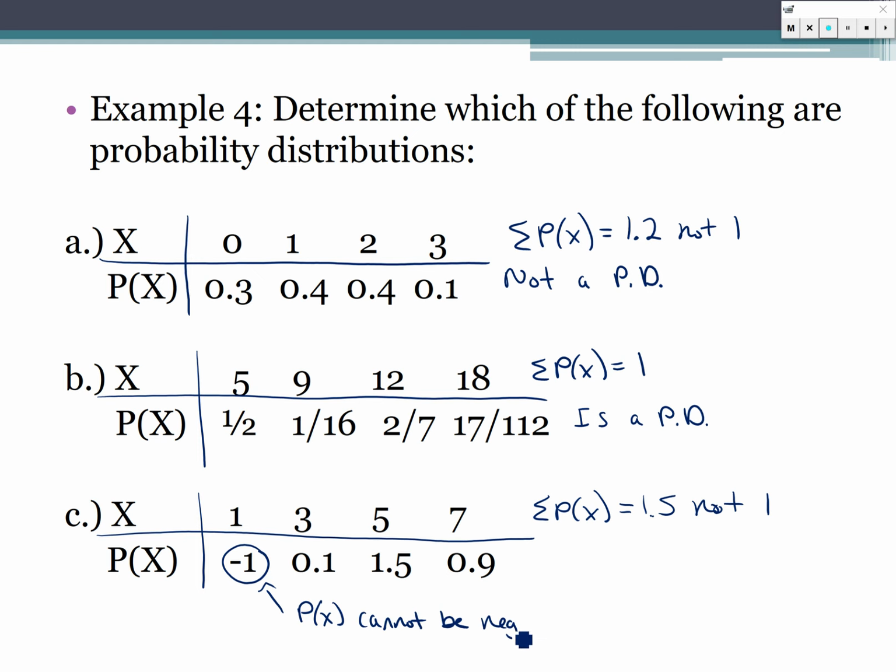Probability cannot be negative. That's just one of our basic rules of probability, not just because it's a probability distribution. And a probability cannot be greater than 1.